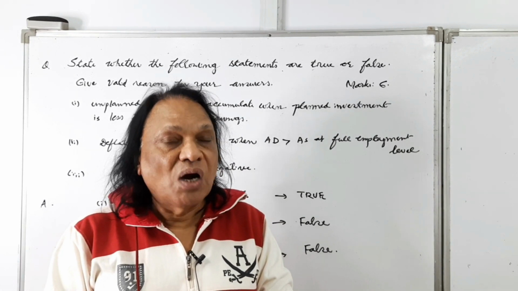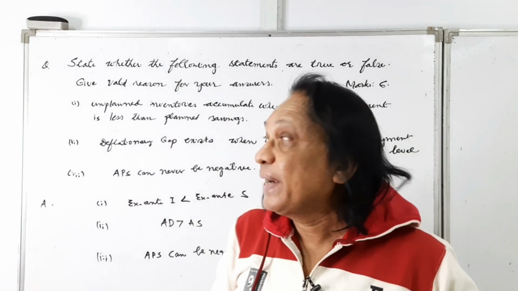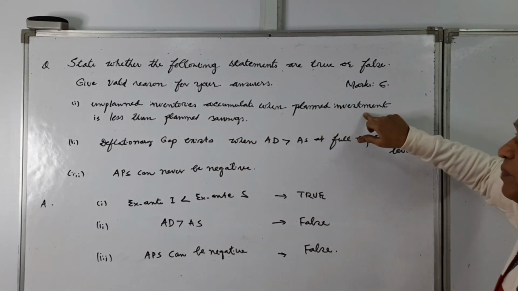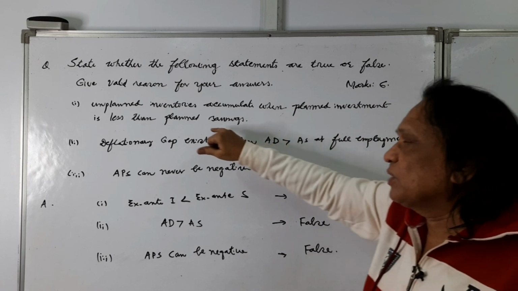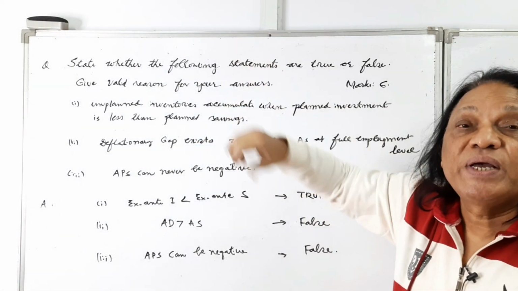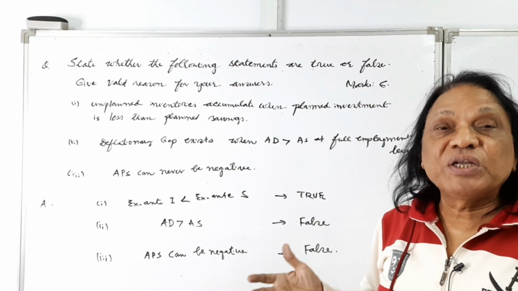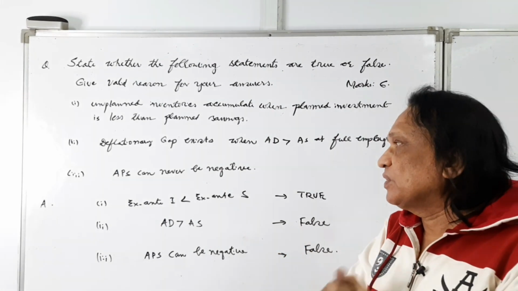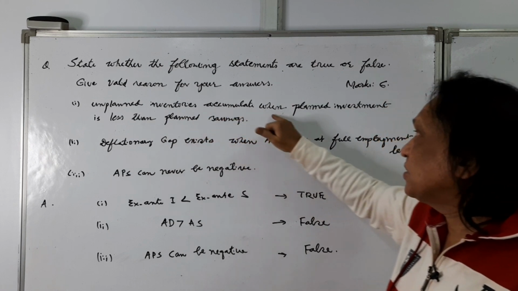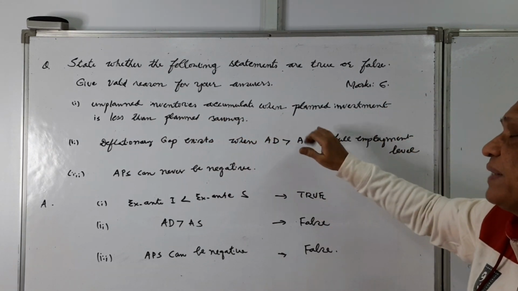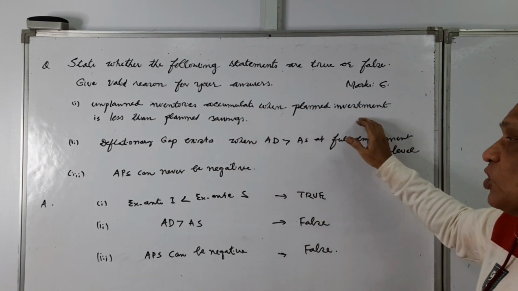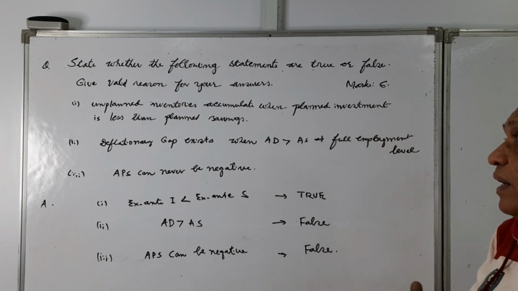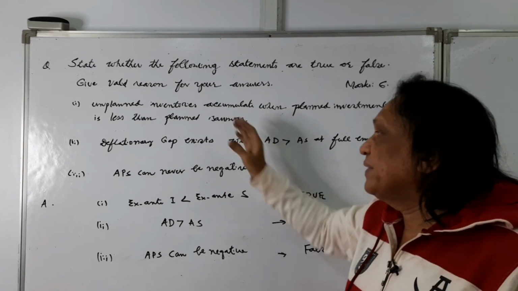Unplanned inventories accumulate when planned investment is less than planned savings. If the savings are more in the economy, all are saving and no one is buying the goods, so obviously it is a stockpiling situation. It leads to unsold, unplanned inventories or stockpiling.